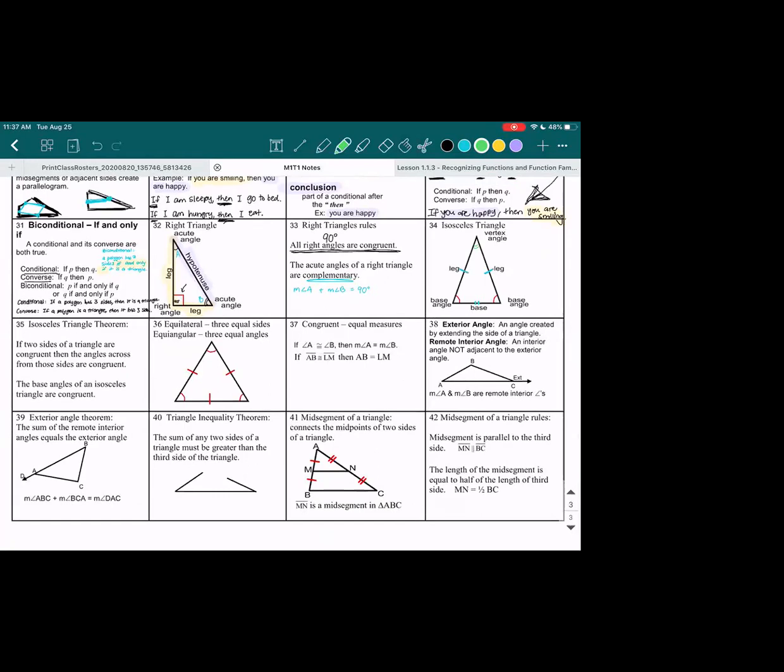So that means the angle across from it, let me use a different color, I'll use purple, the angle across from it, so that base angle, is congruent to that base angle. We already talked about it. Those two base angles are congruent. And you can read the next one. It says the base angles of an isosceles triangle are congruent. We just said that again.